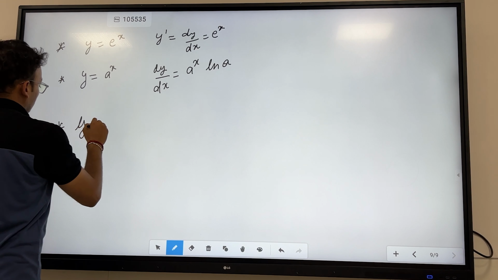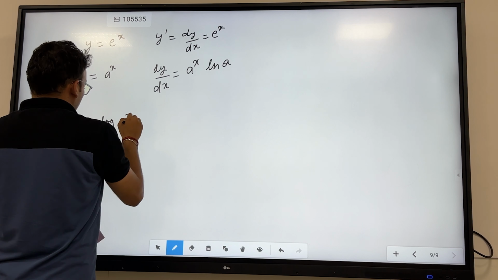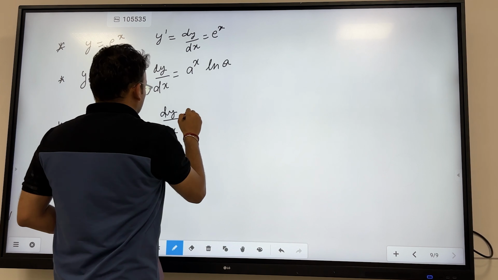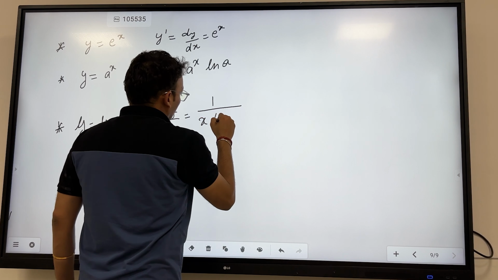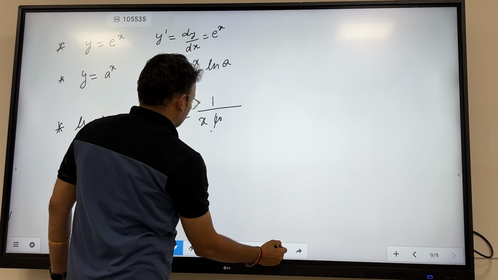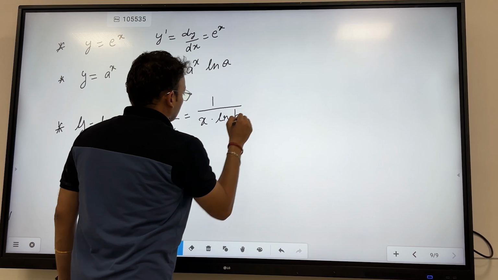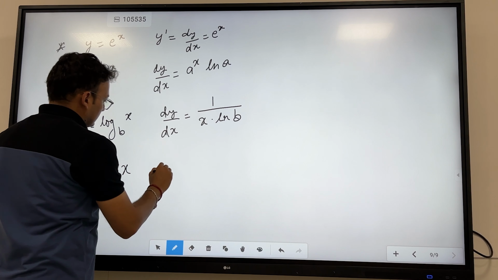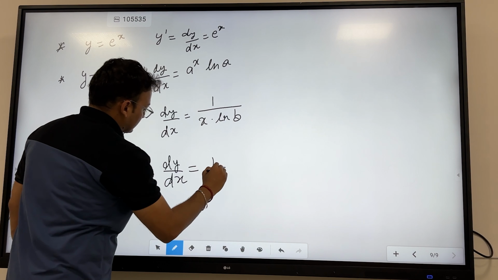So if y is equal to log of x with base b, then dy over dx is 1 over x times ln b. Right? And similarly, if y is equal to ln x, then dy over dx is 1 over x, right?